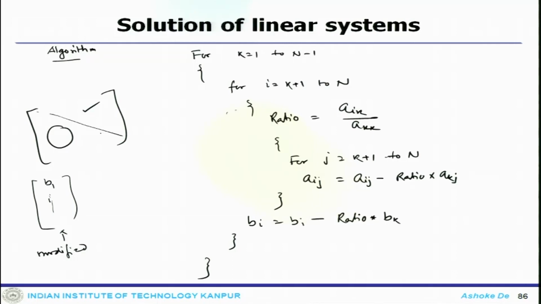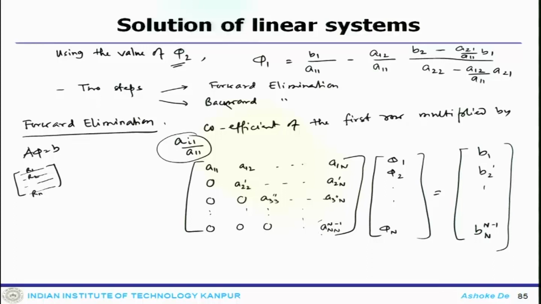Once you get this, then you see it becomes sort of an upper triangular system. So, you know that the last element here is connected with the variable at the nth level, and so the last one is connected with only one unknown, and then the exact expression for this one can be obtained.